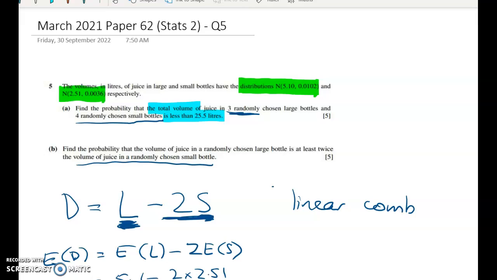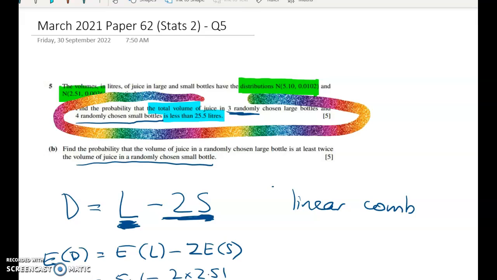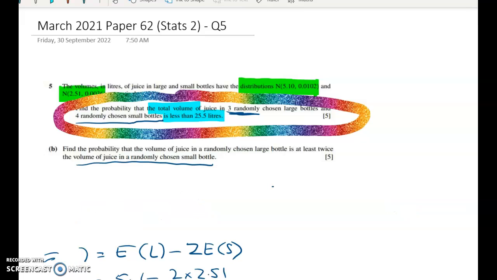In the first question, we are working with a total volume where we've got 7 things varying, right? Variation in each of 3 large bottles and in 4 small bottles. So I'm adding up 7 variance numbers. In the second question, I have to set up a linear combination of 2 random variables.